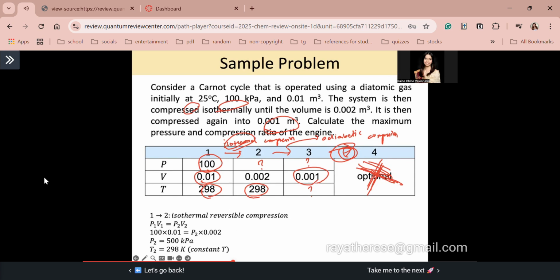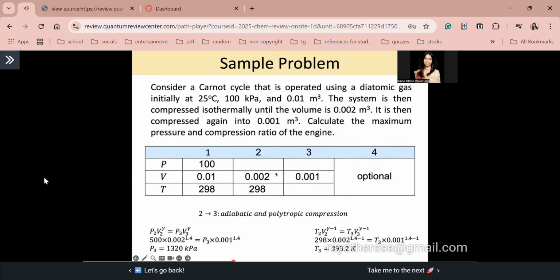Okay? Next, guys, okay, we get the values for our pressure and temperature after adiabatic compression. Okay, so ito yung gagamitin natin, guys, ito yung gagamitin natin PVT equations. P2V2 to the gamma is equal to P3V3 to the gamma. Okay, makinig, guys. So, to find P3, okay, this is the equation we will use. So, P2, okay, we know that it is 500, right? Kasi na-solve na natin kanina, times V2, which is 0.002 cubic meters, to the power of 1.4, okay?